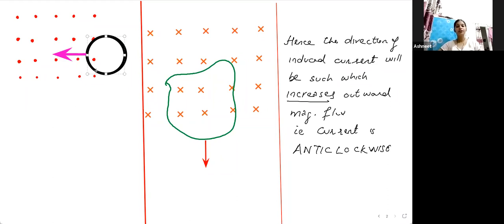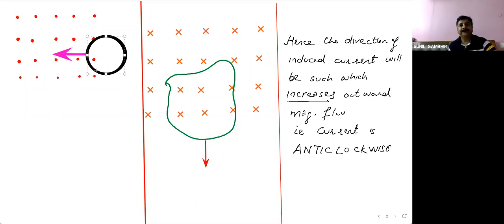According to Lenz's law, it opposes the reason of production, that is the increase in outward magnetic flux. Therefore, the direction of induced current will be such that it decreases the outward magnetic flux, and hence the direction of current will be clockwise. Right.